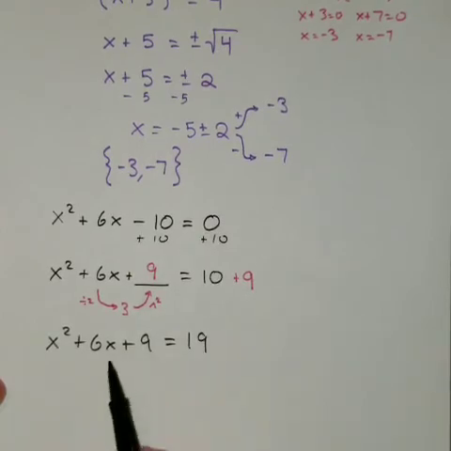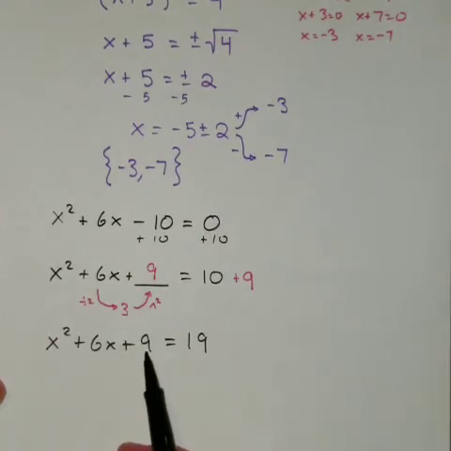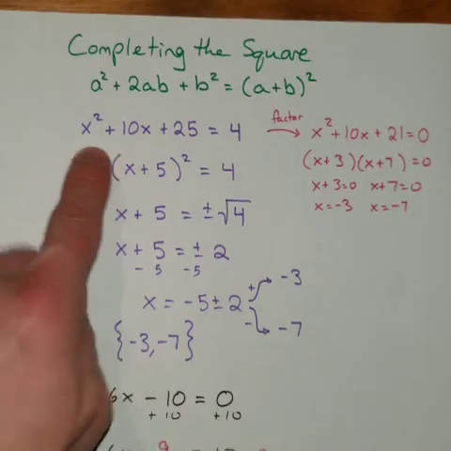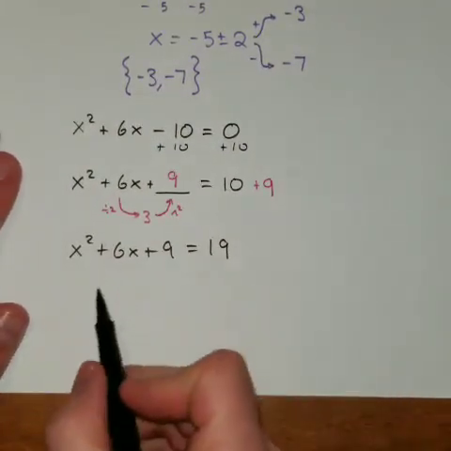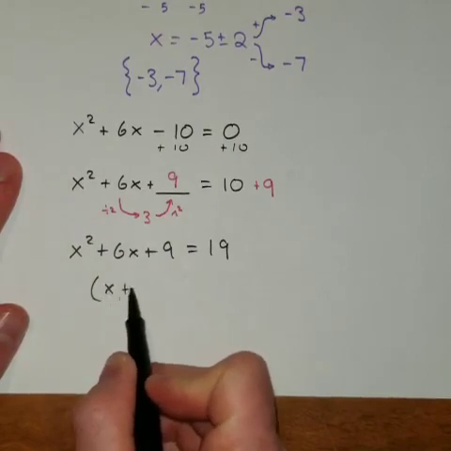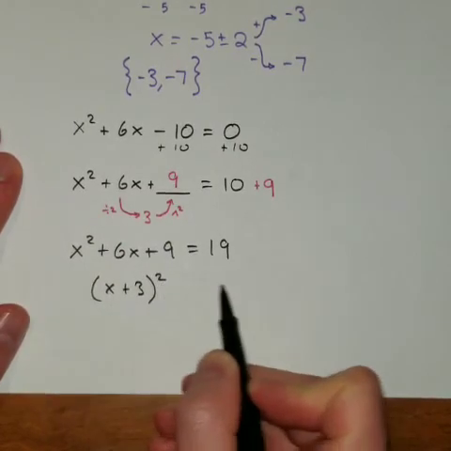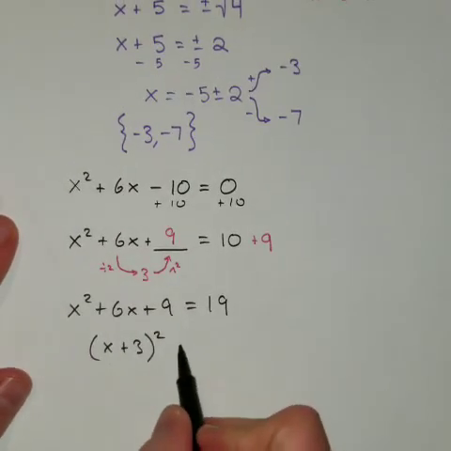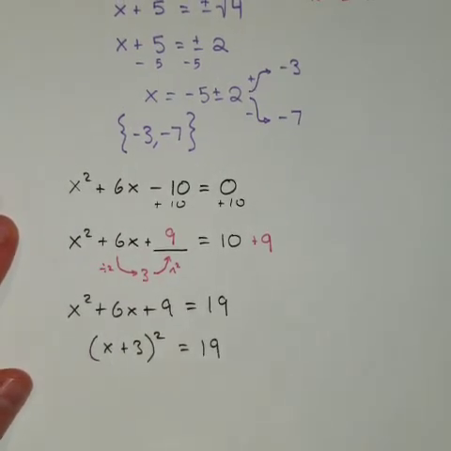Now my left side is a perfect square trinomial. I can factor it, just like we did in the previous example, into x plus 3 squared, or x plus 3 times x plus 3, and that will equal 19.